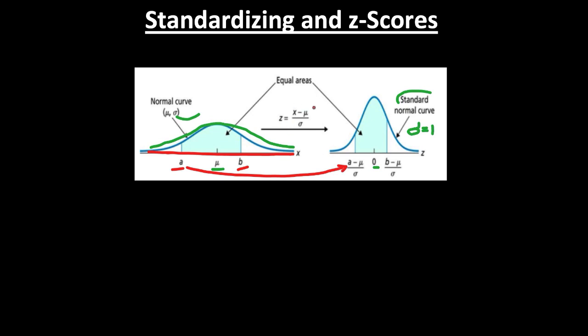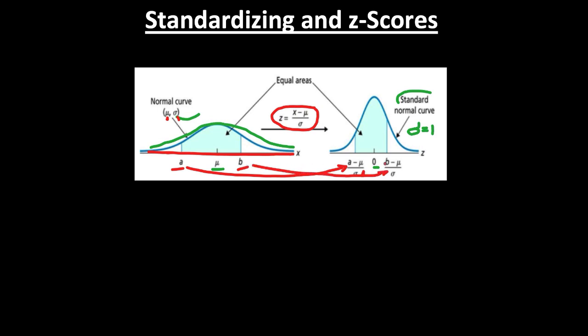The equation we use is x minus mu over sigma, that is the Z value. Therefore x equals A, so our answer is A minus mu over sigma.